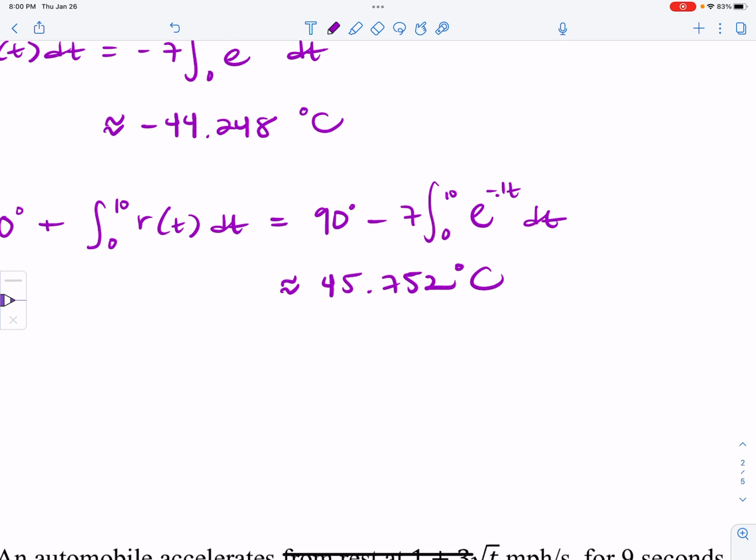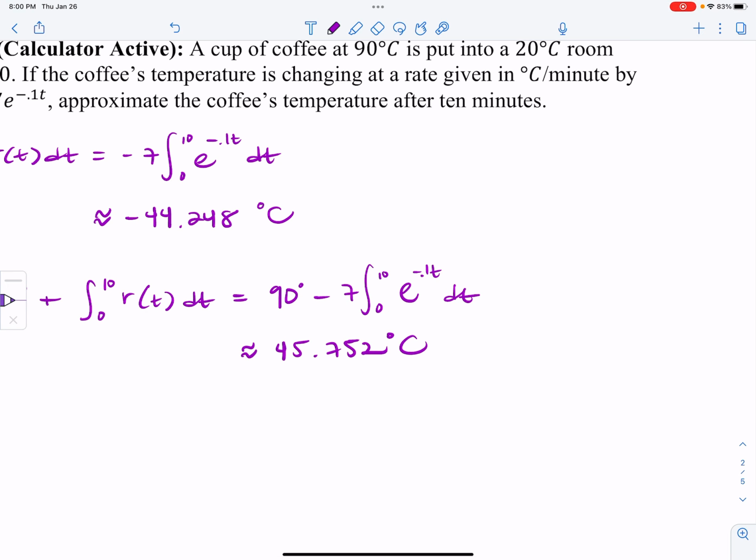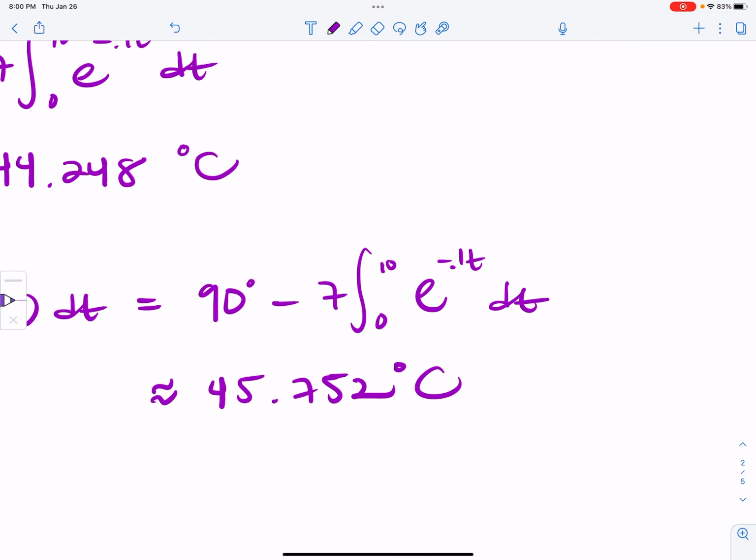Okay, so this means that the coffee's temperature after 10 minutes is approximately 45.752 degrees Celsius.